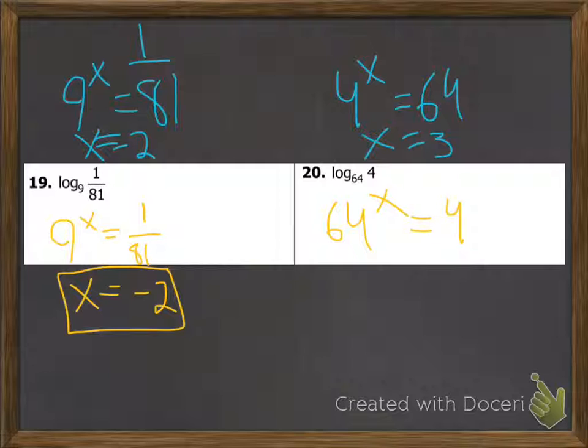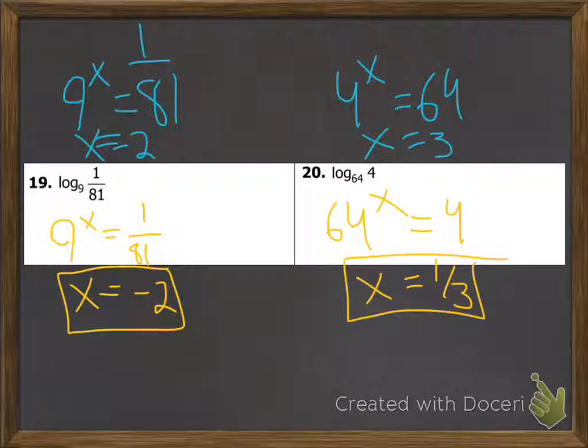So 4 raised to the third power would be 64. But if it's the other way around, where I have 64 raised to a power and equal to 4, what's my x going to be? Well then you want to think of a fraction. So in this case, the x is actually going to be equal to 1 over 3. And if you type 64 to the 1/3, you're going to get a 4. And that makes sense, since 4 to the 3rd power would be 64.